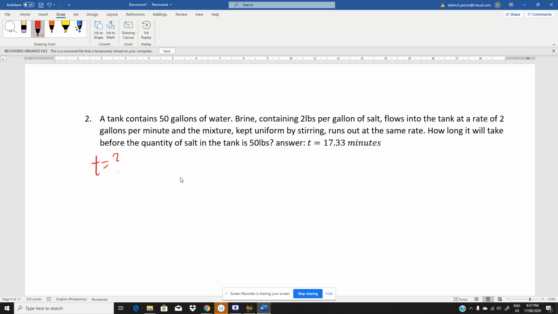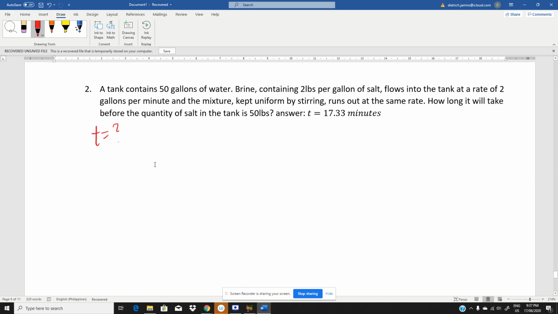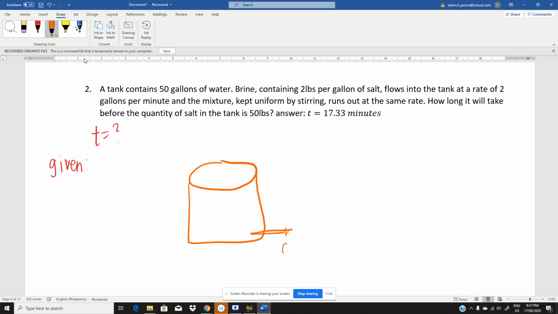So first, we should put our given. We are given that our S in, first we will illustrate. So our illustration, this is going to be our out, and this is going to be our in. As you can see, a tank contains 50 gallons of water.